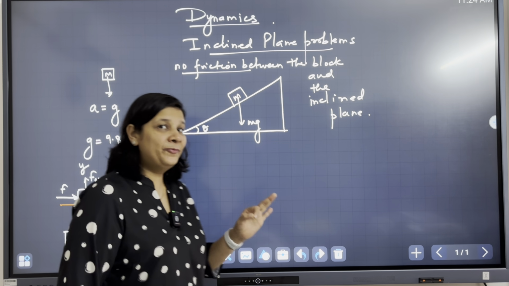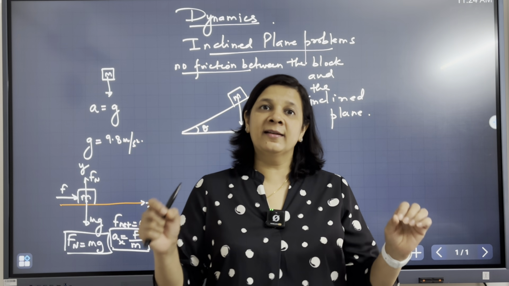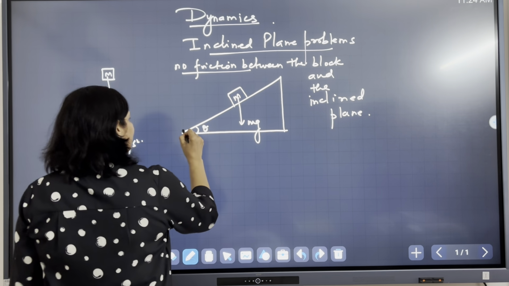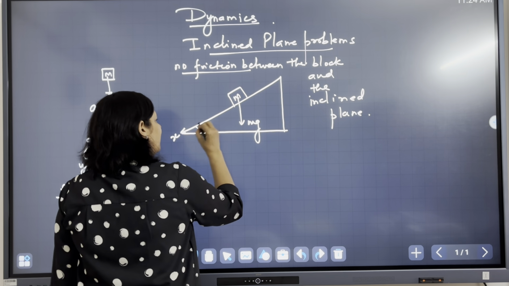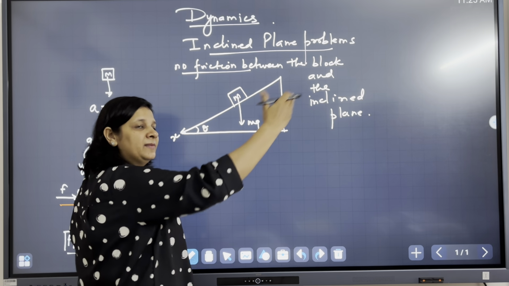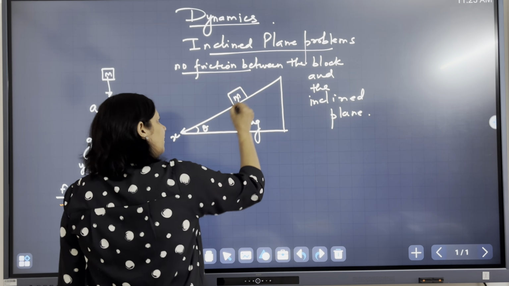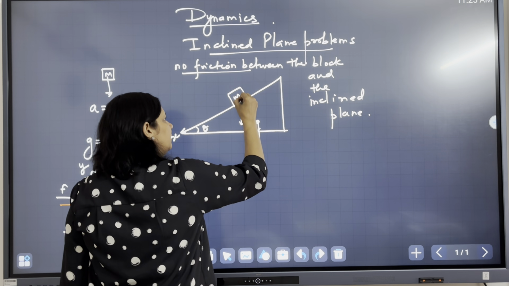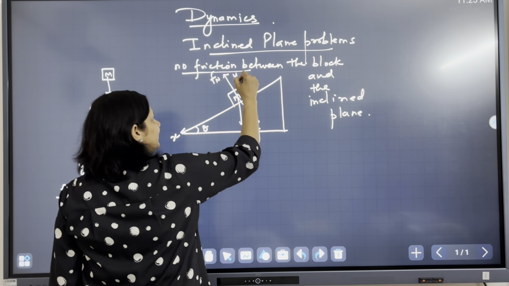Now the first thing that we do when we take an inclined plane is shift our coordinate axis. Okay, so I will take this to be the x-axis along the incline. Why? Because the object is moving along the incline. So I will consider this as the x-axis, and perpendicular to the x-axis will be the y-axis.